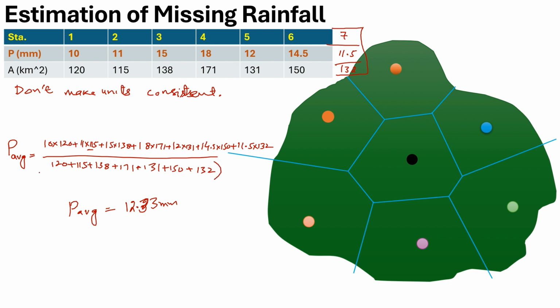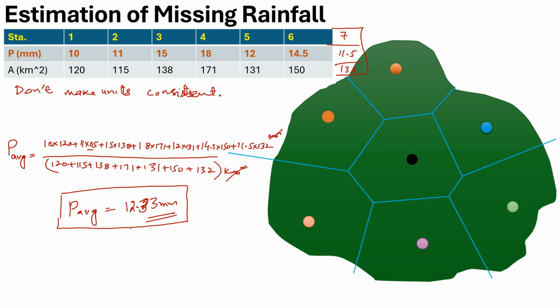Because the area is in kilometer square in the denominator and also in kilometer square in the numerator, the kilometer square cancels out. So the average precipitation over this catchment area will be 12.33 millimeters.